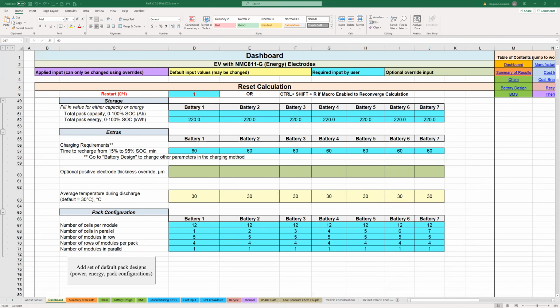They're doing that in the standard pack, but for the max pack, they said they're going to use high nickel chemistry batteries. The one we're on now, NMC 811, is not the only nickel battery, but it's the highest nickel battery in the BatPaC spreadsheet. So that's why we didn't evaluate any other battery chemistries.